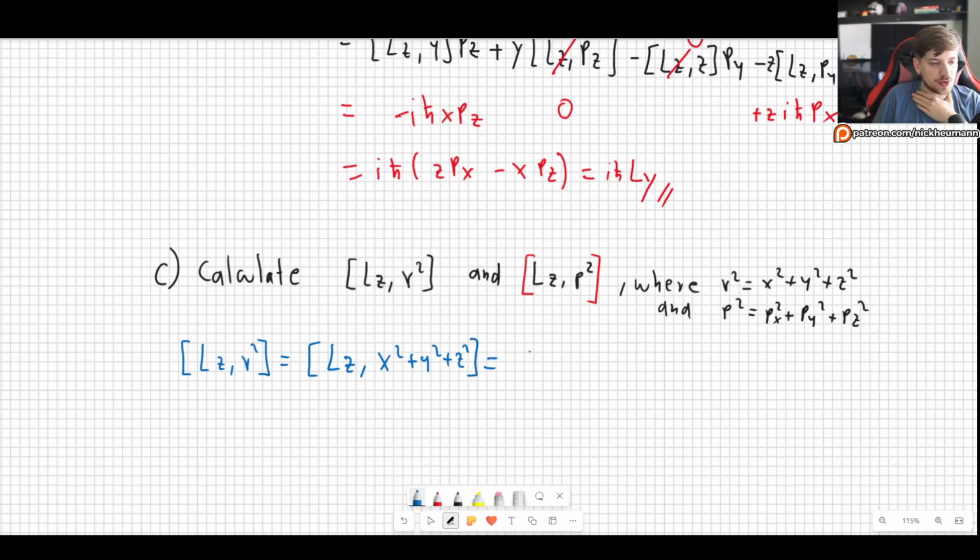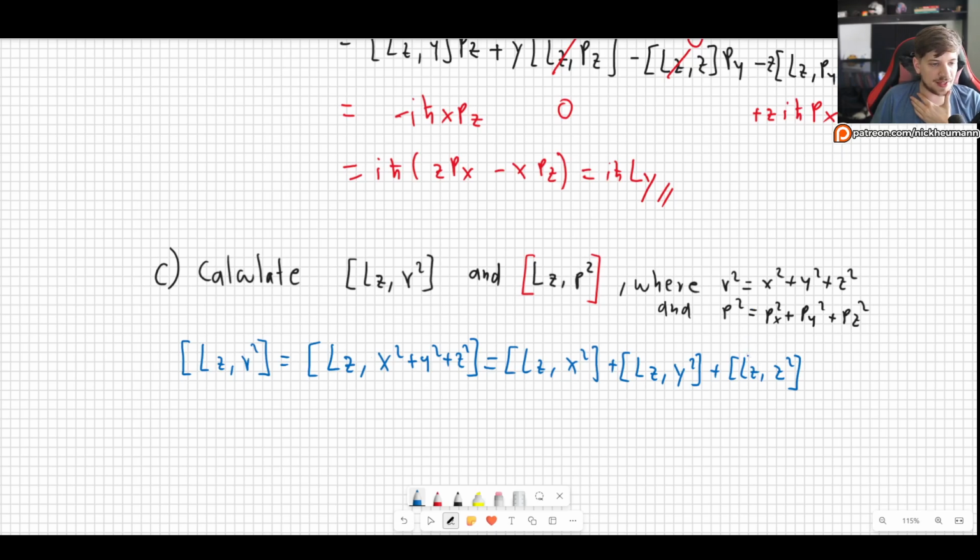So here we are simply going to separate this into 3 different commutators: [Lz, x squared] plus [Lz, y squared] plus [Lz, z squared].